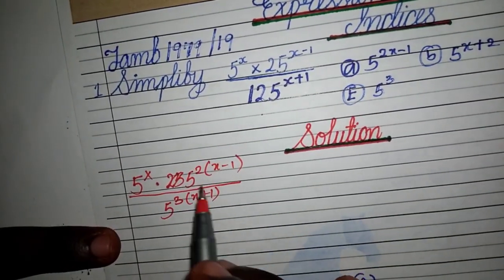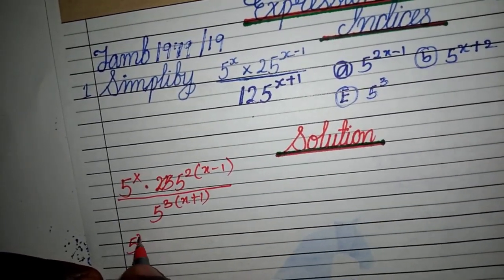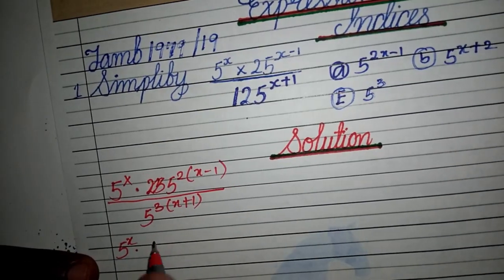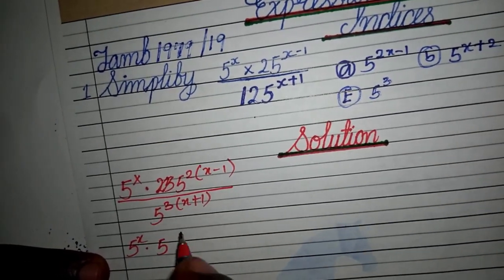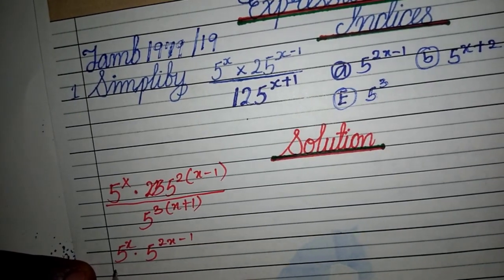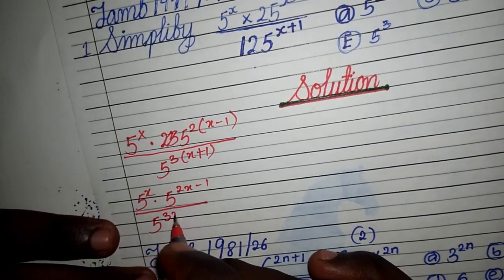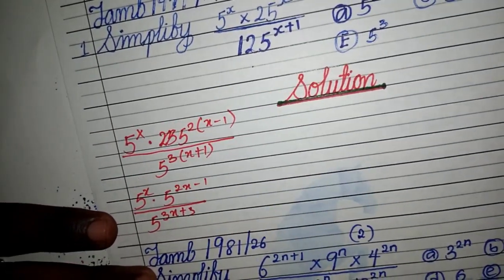So we can now open these brackets. I will be having 5 to the power of x times 5 to the power of 2x minus 1 divided by 5 to the power of 3x plus 3.